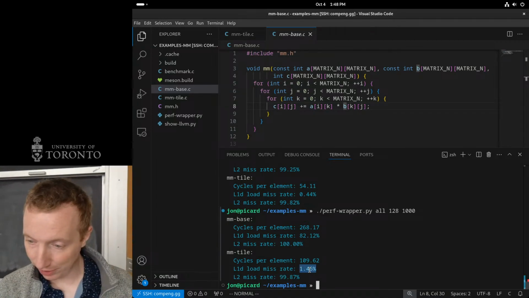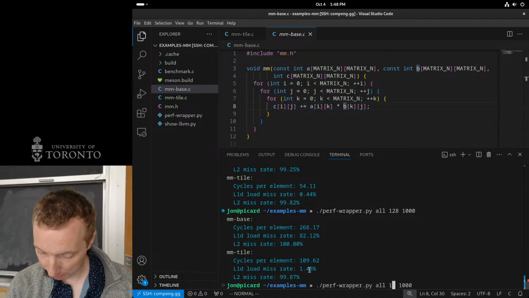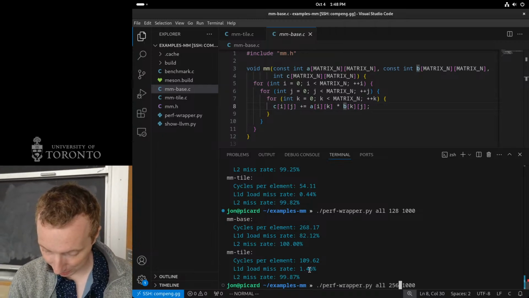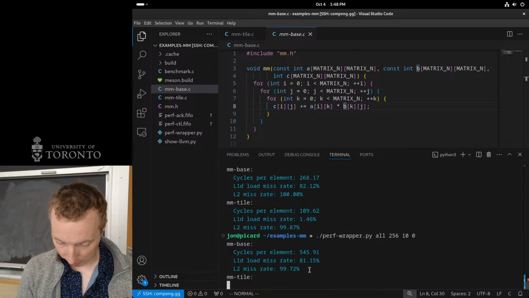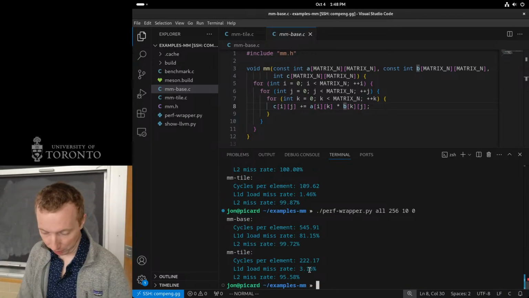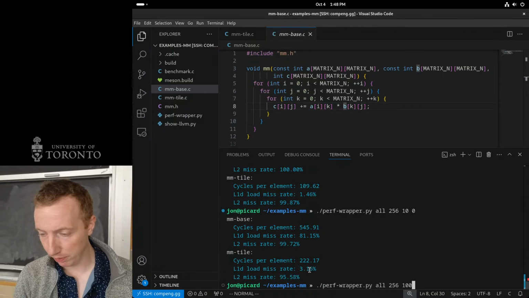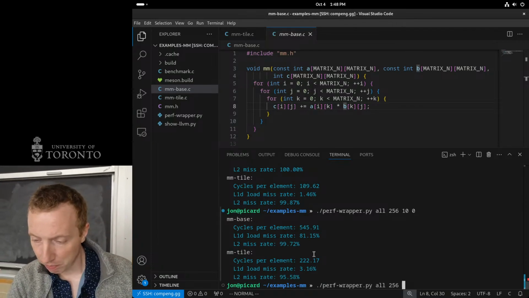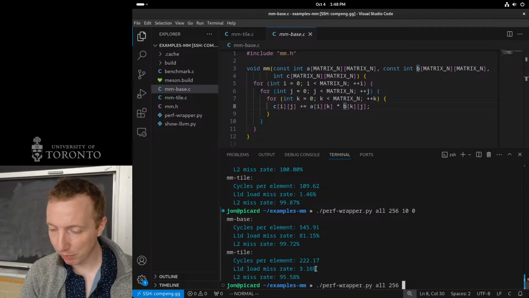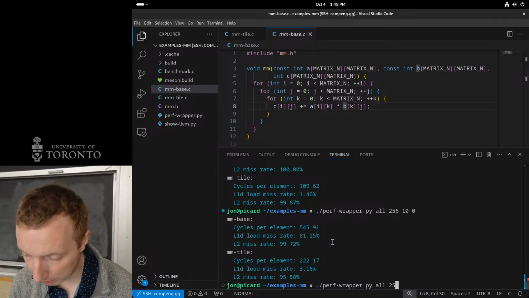Cool. So it should get more pronounced the bigger I make my array. If I make it 256, I lose some effect here, but still like 2 times better.